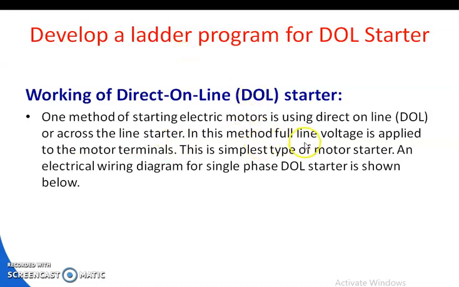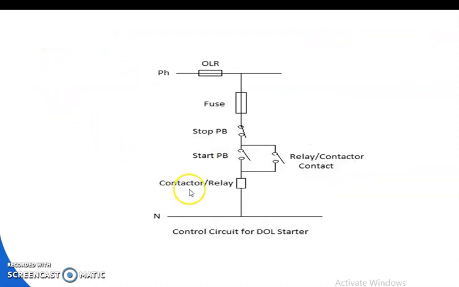In this method, full line voltage is applied to the motor terminals. This is the simplest type of motor starter. An electrical wiring diagram for a single phase DOL starter is shown. This one is the control circuit for the DOL starter.